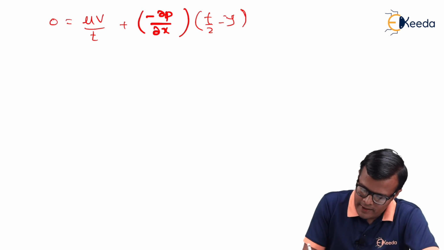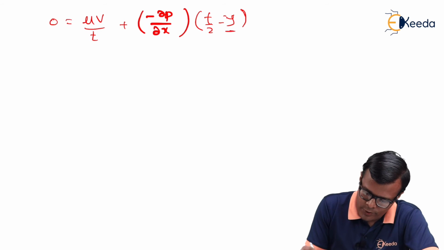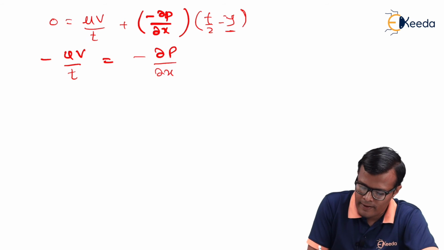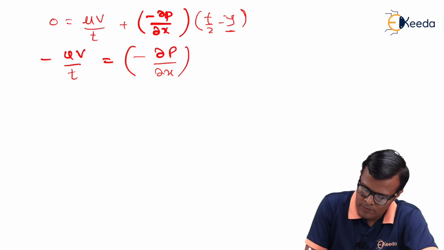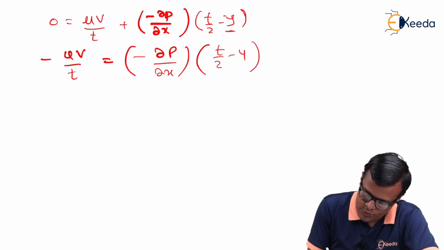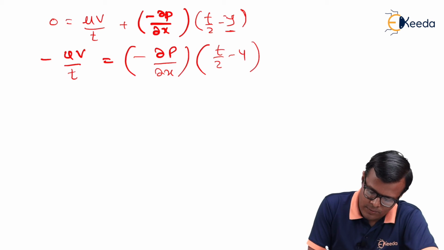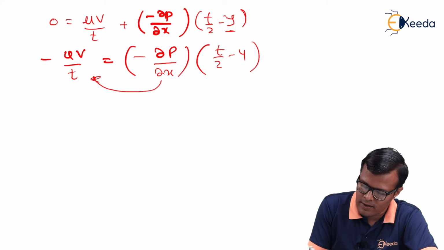So we are interested in calculation of y value, hence minus mu v upon t equal to minus delta p by delta x into t by 2 minus y. We will keep this term on one side and move this term to the other side.